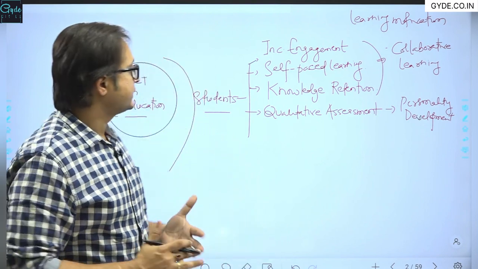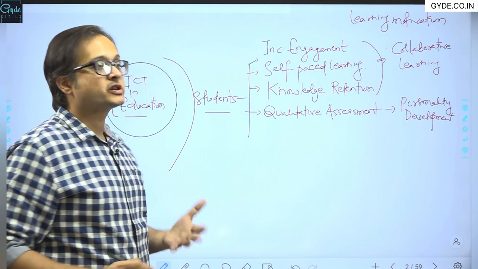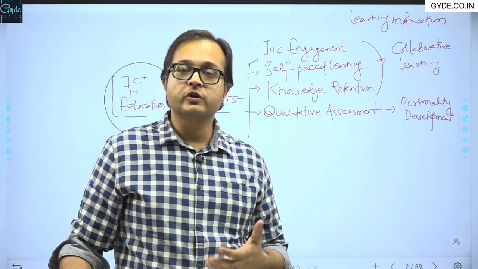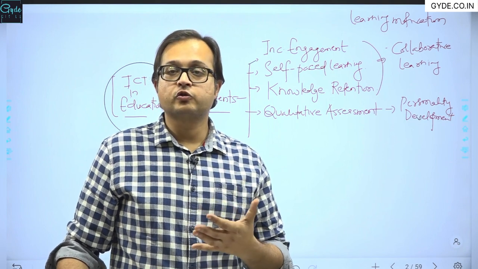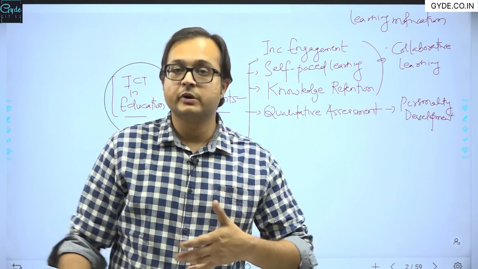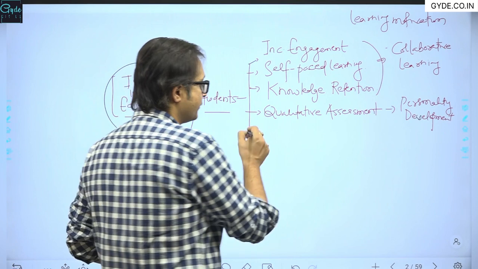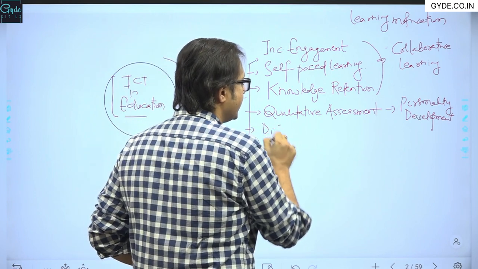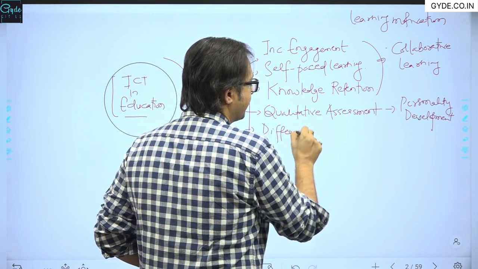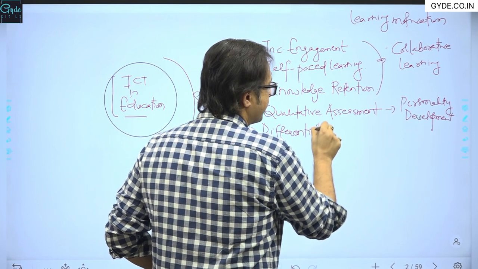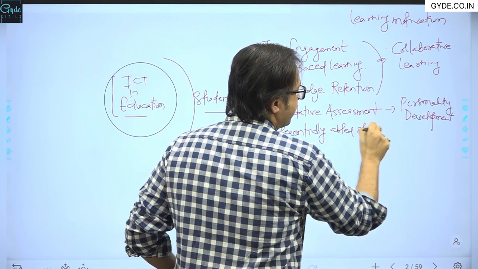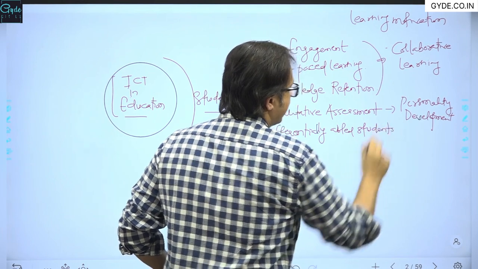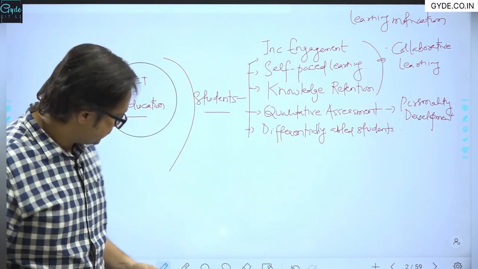Plus ICT, as far as students with special needs are concerned, right? For students who are differentially abled, there could be various tools created for their engagement and learning also. So there are benefits for differentially abled students, and their needs can also be answered.